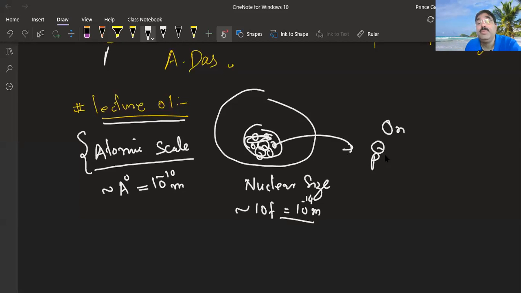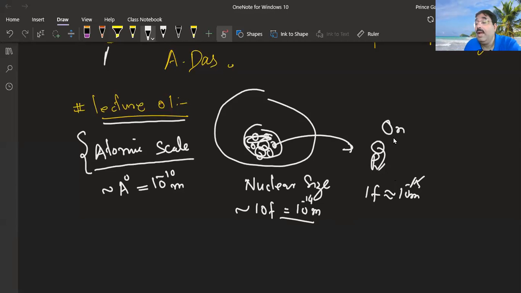So this proton scale, what's the length scale here? The length scale of protons is of the order of Fermi, so it's 10 orders less in magnitude. It is 10 to the power minus 15 meter. That would be the classical size.